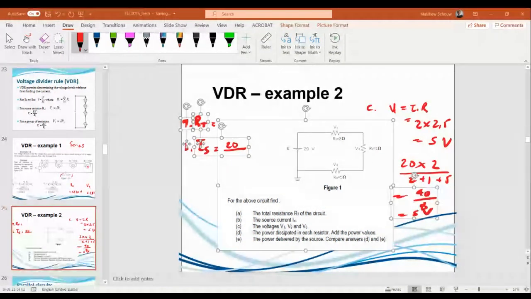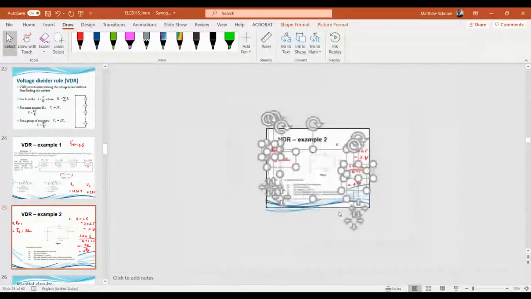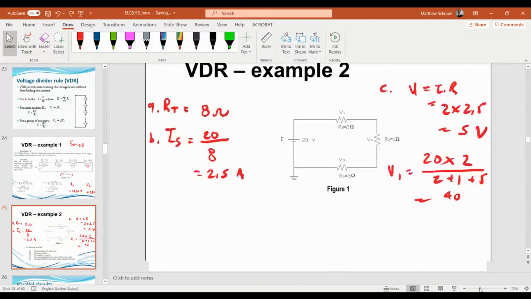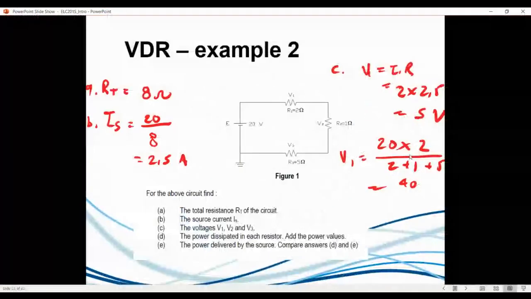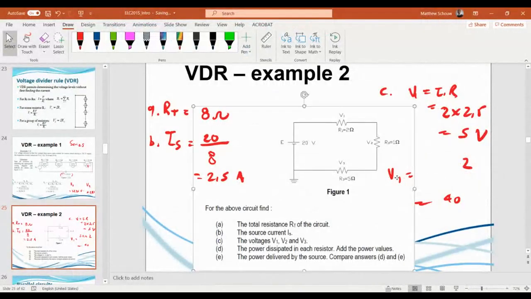Yes, okay. So at D, I'd like you guys to remember how to find the power. You guys remember how to find the power dissipated?